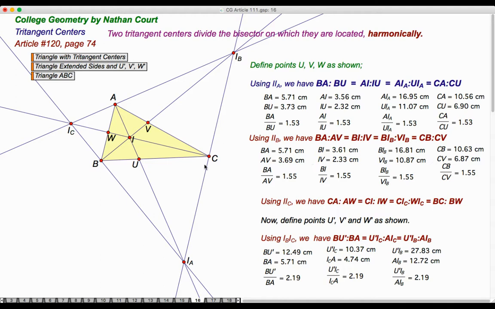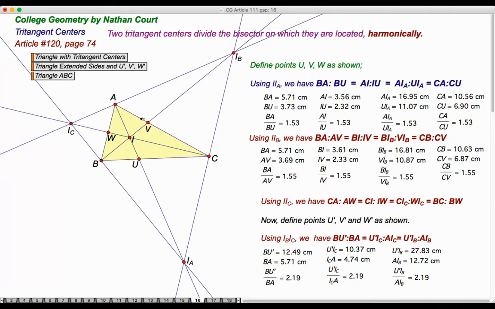So BA. This time I'm using I sub B. That's this one, and it's collinear with B and V. In that case, I will use either this triangle or that triangle.